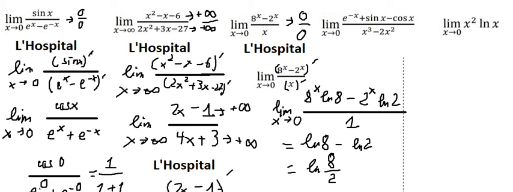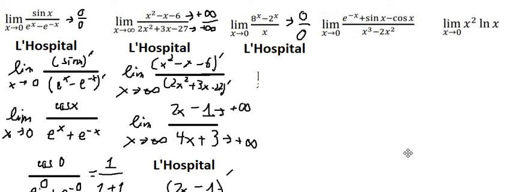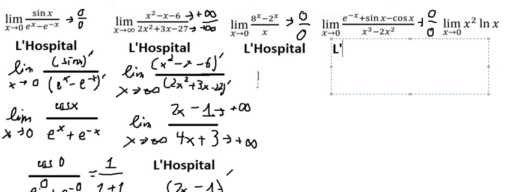Now let's go to the next one. This one, when x approaches 0, you get 0 over 0. So we can use L'Hospital.